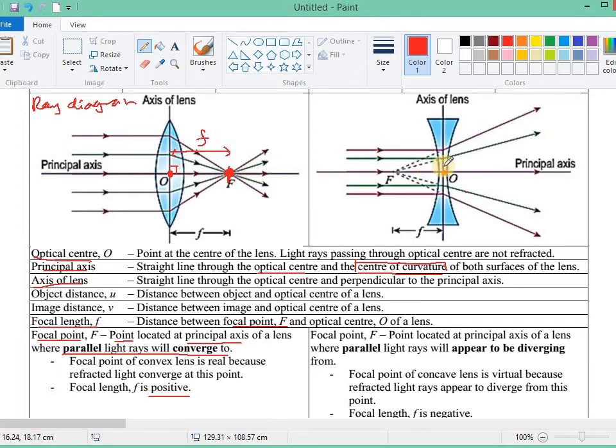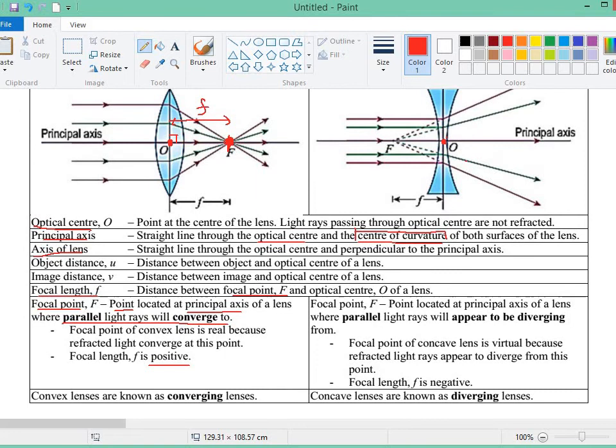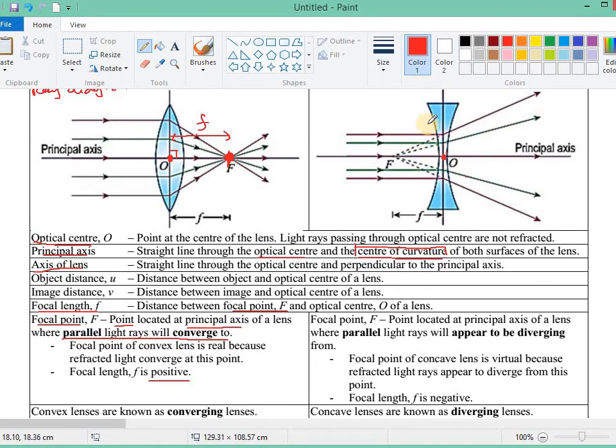Now we look at the concave lens. For the concave lens, you see the light will diverge. The light diverges when passing through the concave lens. So the focal point for a concave lens is a point located on the principal axis of a lens where parallel light rays will appear to be diverging from. So you see the light all diverges.